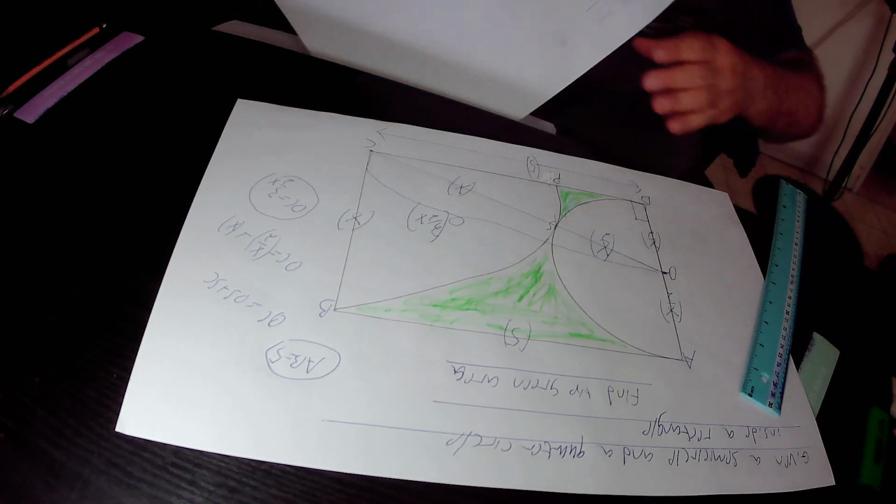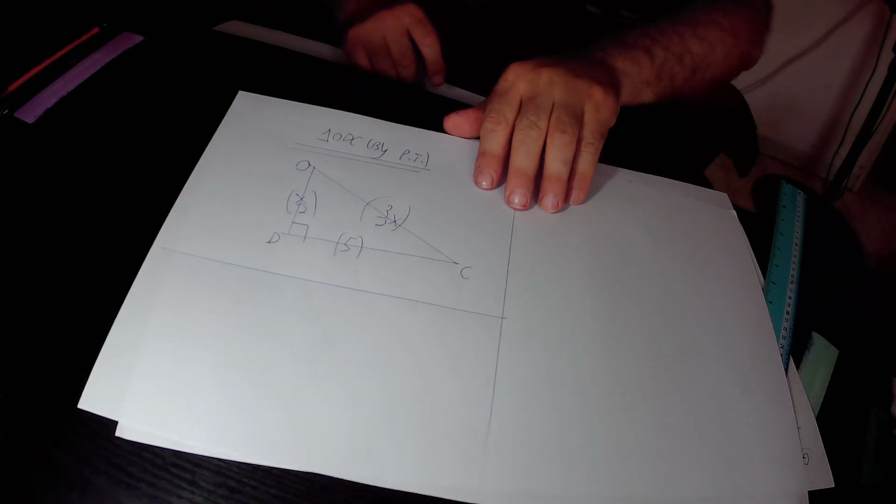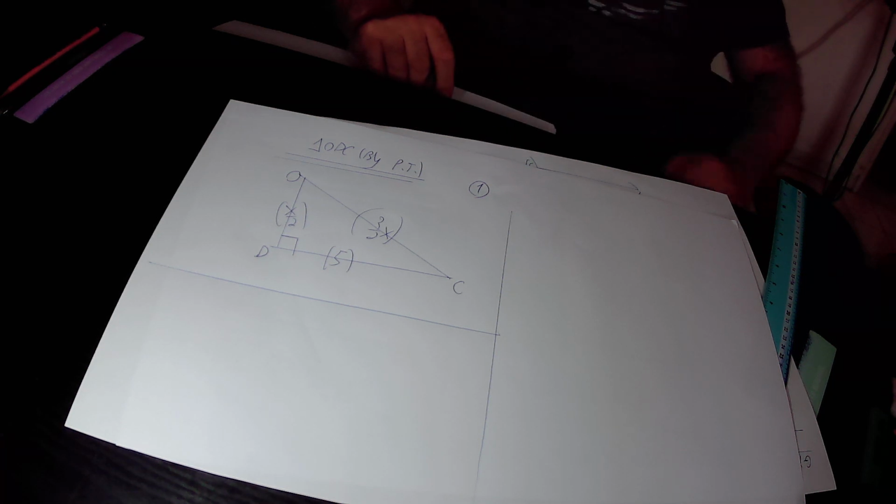So actually, this is the right triangle ODC that I copied from the original drawing. According to the Pythagoras theorem, in this right triangle ODC, OC square equals OD square plus DC square. So I write it down.